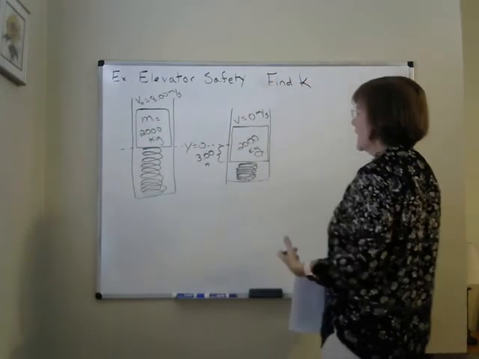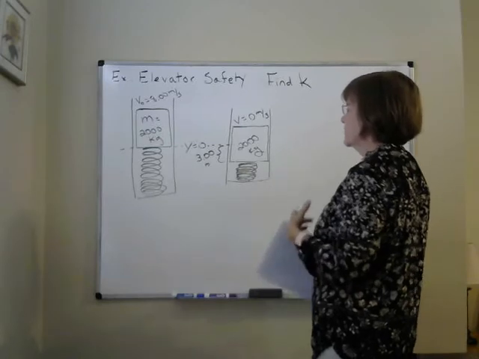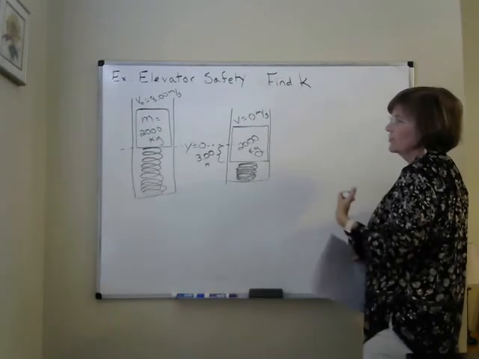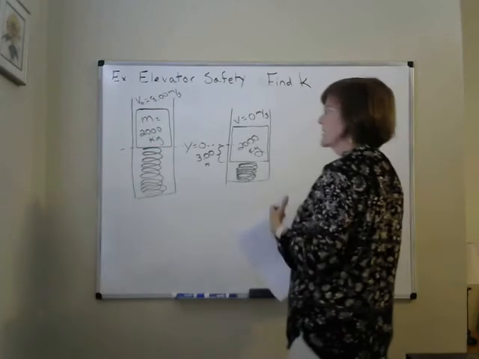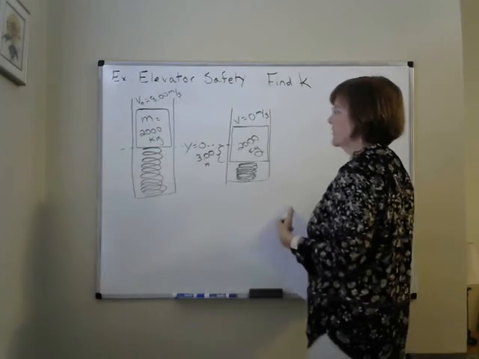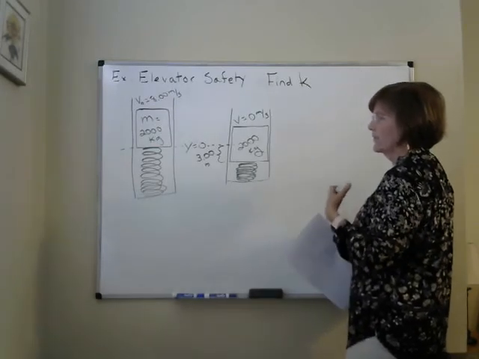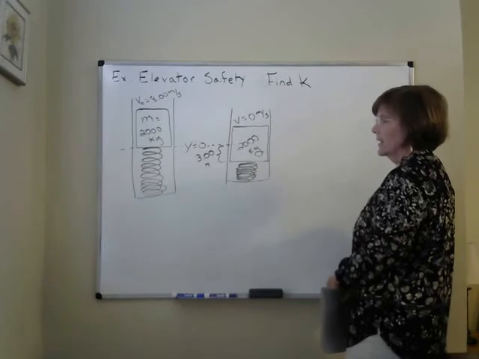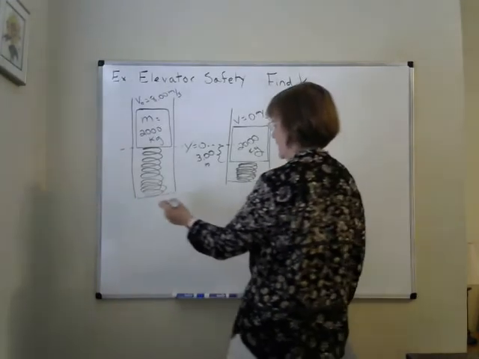This is classic conservation of energy. We have initial and final energies. Let's look at the initial and see if we can figure out how we're going to go from here.